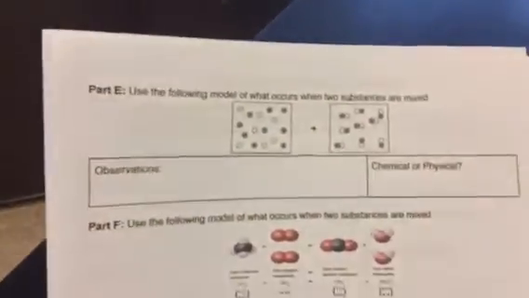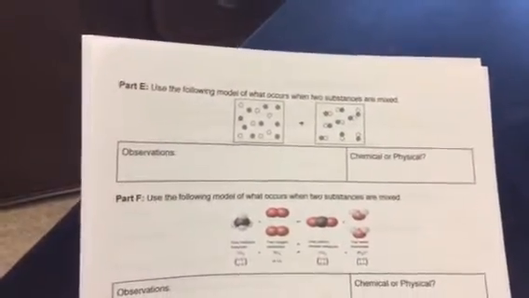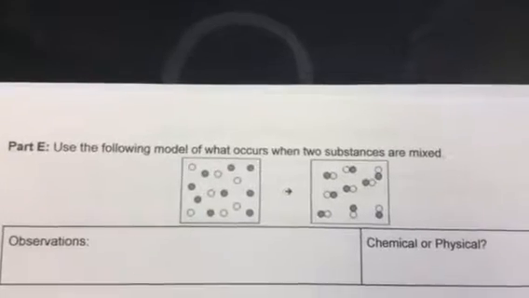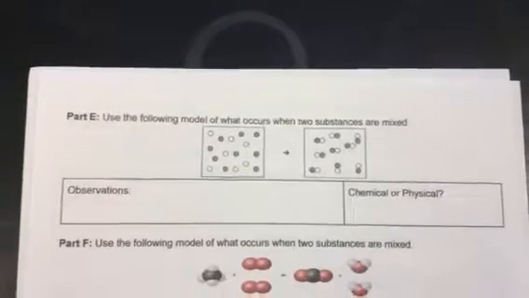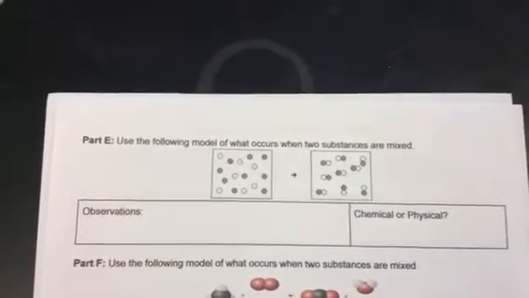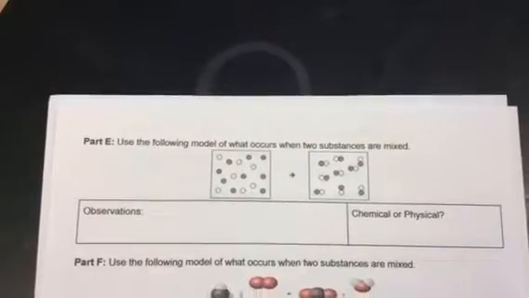Okay, the next 3, we're going to look at some pictures. So for part E, you can go ahead and take a look at this picture right here and decide whether that picture is showing a chemical or a physical change. So again, if you need more time, you can pause the video.